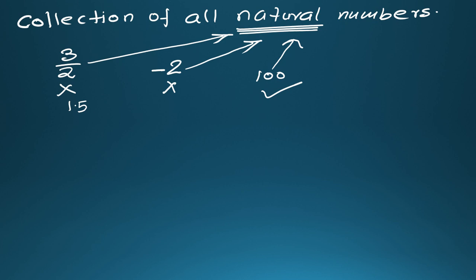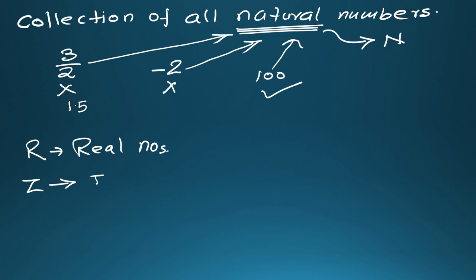So it means it is a set, and the set of natural numbers is denoted by N. This is just for the notation, because these notations will be required in further lessons. Set of real numbers is R. Set of integers is Z. Then the set of natural numbers, just now I told you, is N. What else do we have?